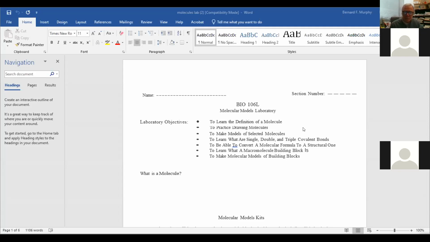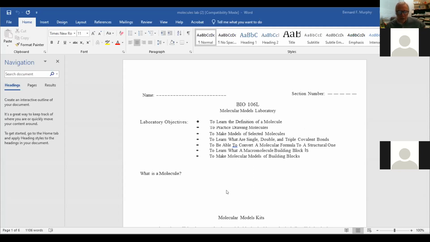And then learn what a macromolecule building block is, and make molecular models of building blocks. Most of this lab is chapter 2, essential chemistry, but at the end we get into a little bit of chapter 3, molecules of life, macromolecules.